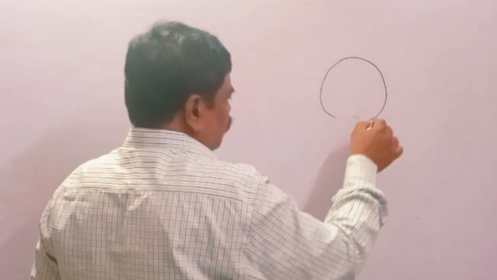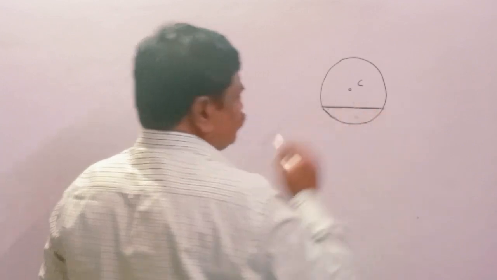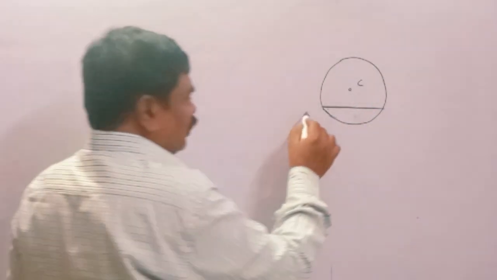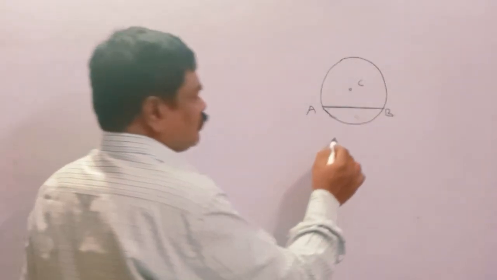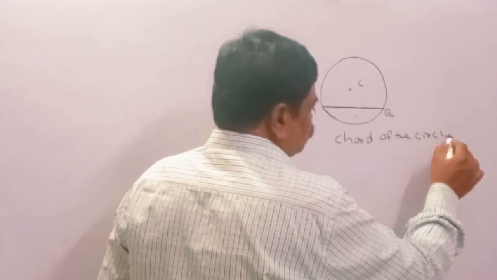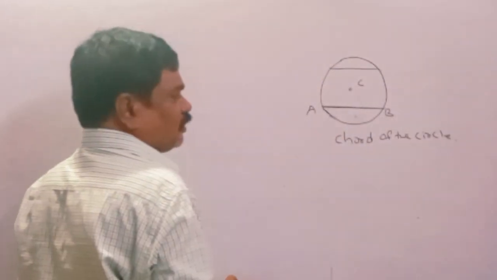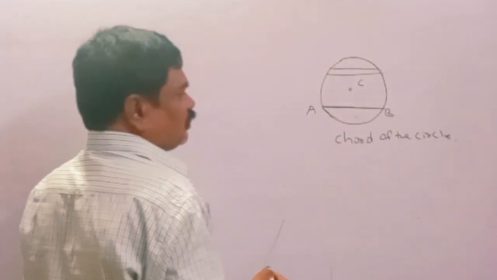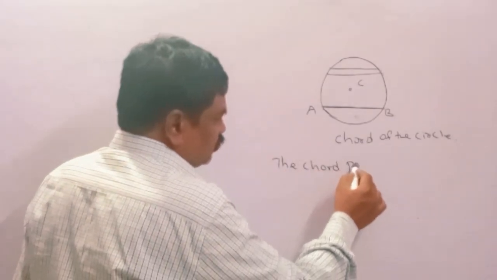Here you see all of you. Suppose the circle is there. This is the circle with center C. This is the line, and we say this line AB is the chord of the circle. Okay, all of you. So here this is also a chord of the circle.